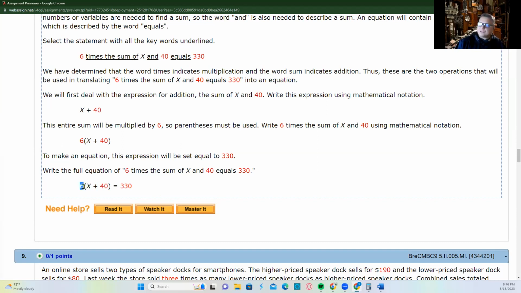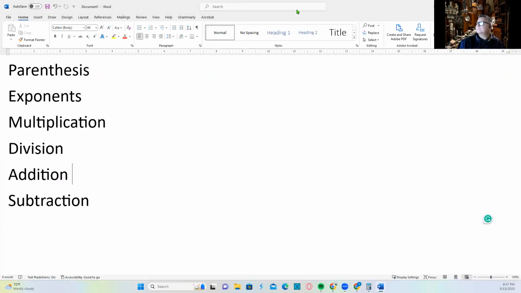To solve this, you'd have to distribute this 6 into everything inside that. So what you would have is you would have to take the 6 times x. Then you would have to take 6 times 40. And I will just bring up a word page here.